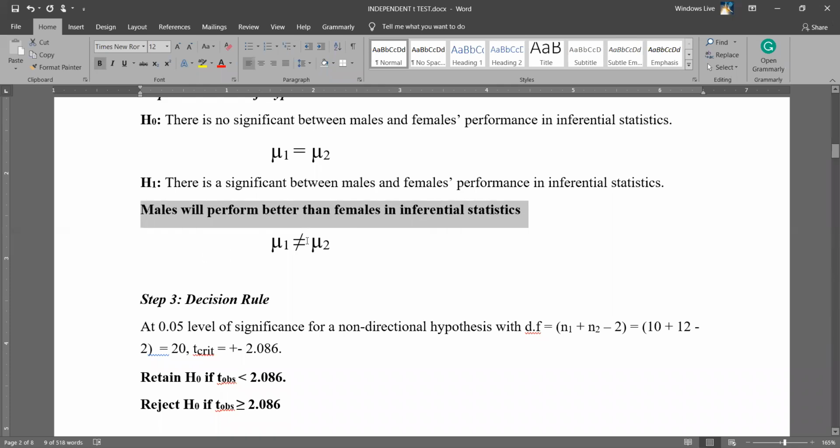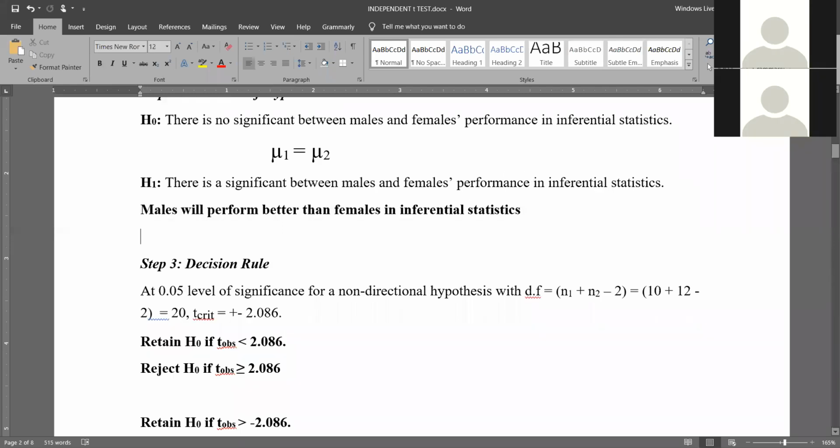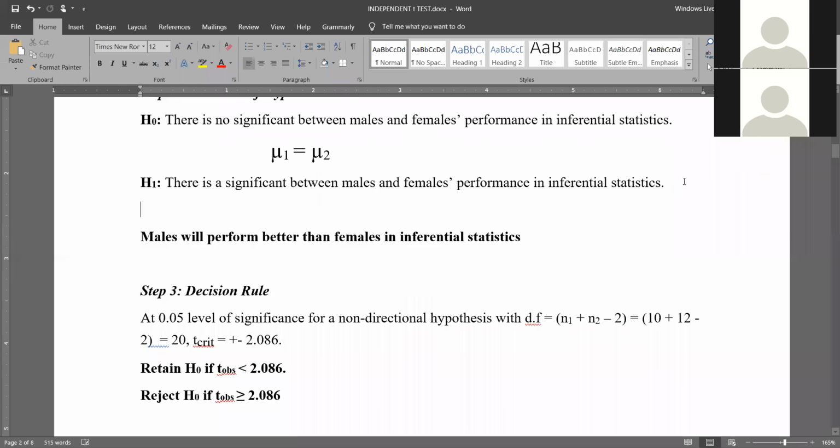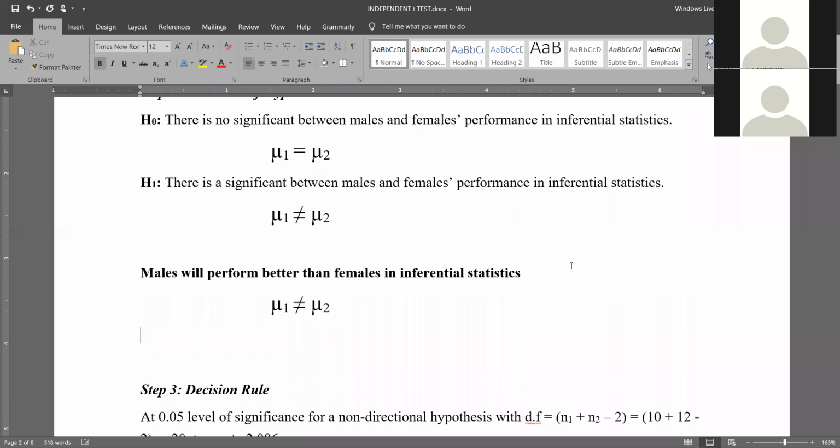Then this time around, our symbol wouldn't be the symbol where we indicated not equal to, but rather the symbol this time around will be that we are saying males will perform better. So it means males will be what? Will be greater than females, because mean 1 is for males. So it means mean 1 will be greater than mean 2. That will be for H1.